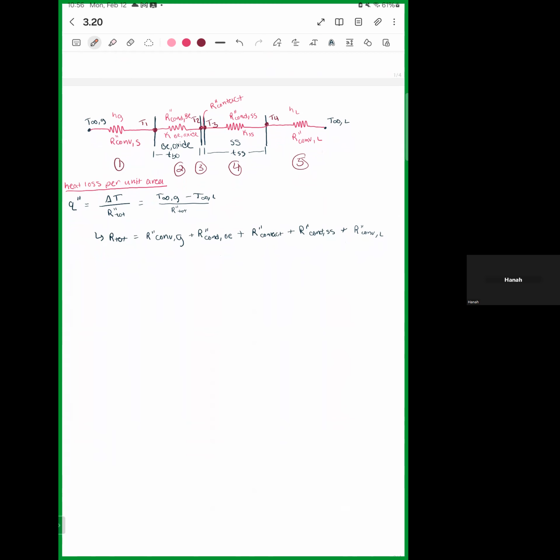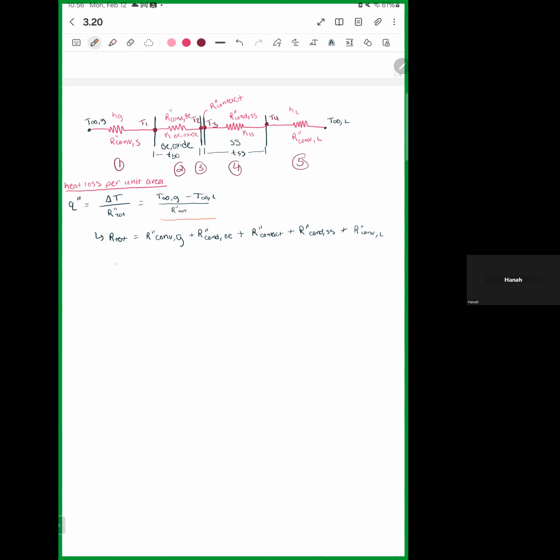So now we have the equation for q double prime, or the heat loss per unit area, which is delta T over R double prime total. And that equation is shown right here.